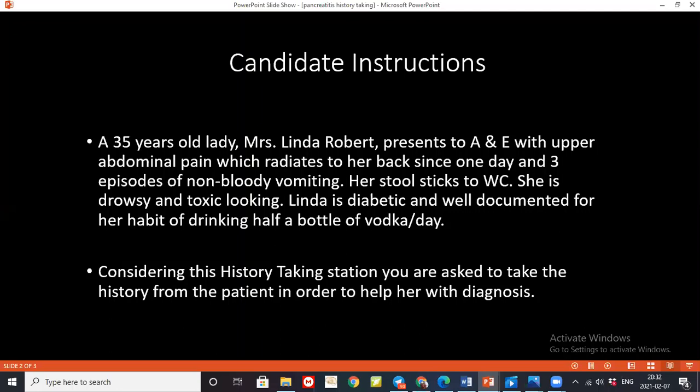I see. So, I would like to ask you about your past medical history. Is there anything you've been treated for before, or anything that you see your GP for? Sorry, what did you ask? Is there anything you go to the hospital to treat, or any disease that you treat with your GP that I should know about?